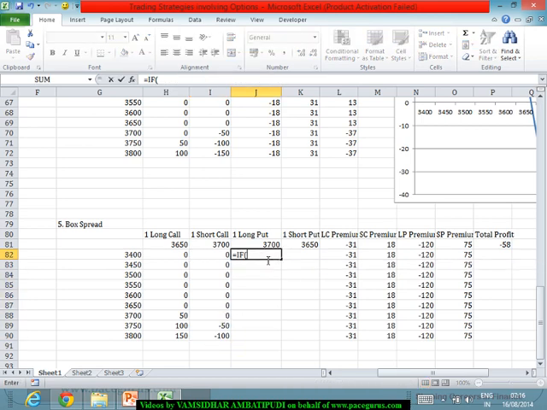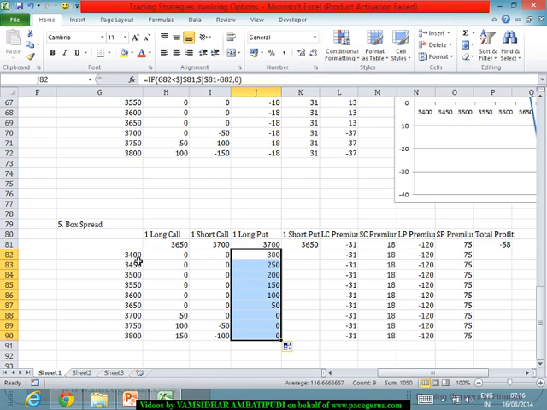So the losses are going to be something like this. Similarly, in case of a put, if the market price is lesser than the strike price, the put would be exercised and the profit would be the difference between the put strike price and the market price. Otherwise, it's going to be zero. So initially there is a profit of 300 that is getting created if the market price is 3,400 and so on.